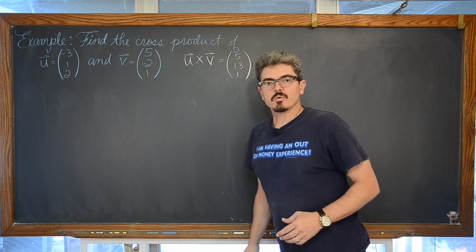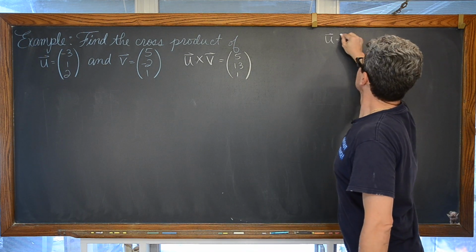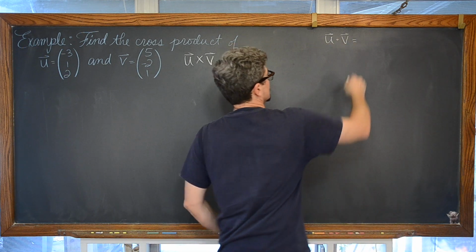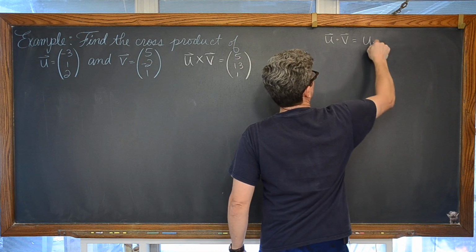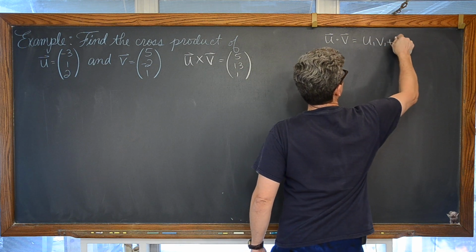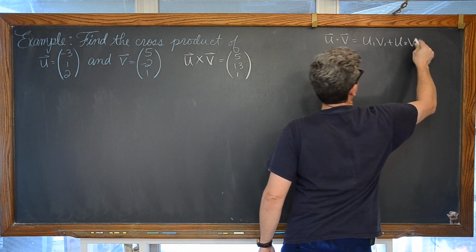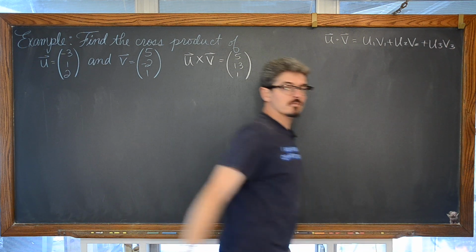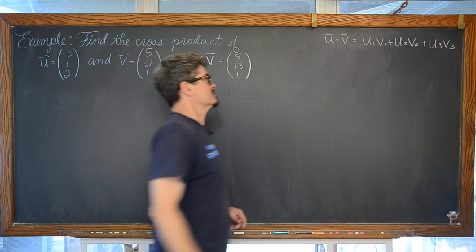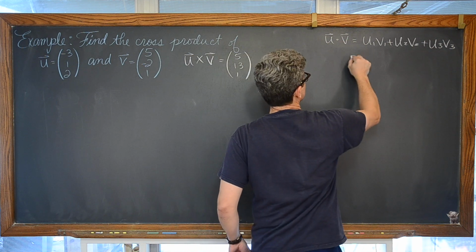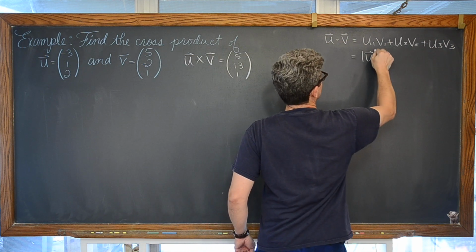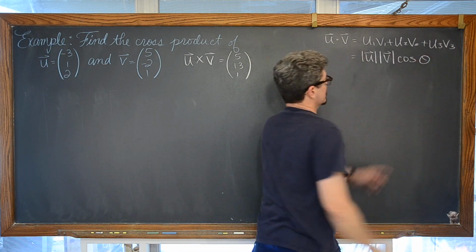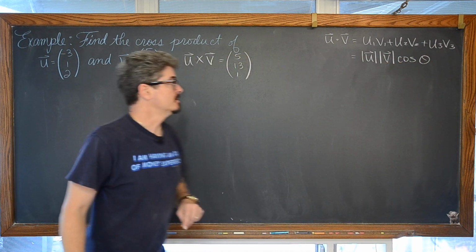Because my vectors are in component form, we're going to use the algebraic definition of a dot product, which is u sub 1 v sub 1 plus u sub 2 v sub 2 plus u sub 3 v sub 3. There's also a geometric definition, which is the magnitude of vector u times the magnitude of vector v times the cosine of theta, where theta is the angle between vectors u and v.